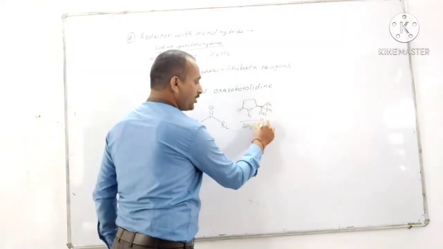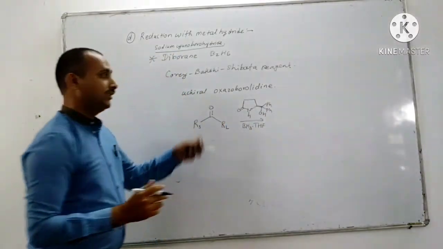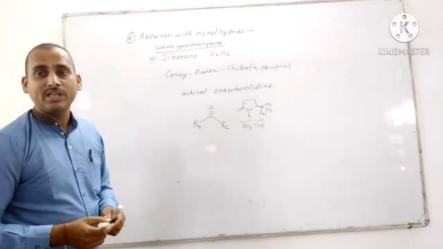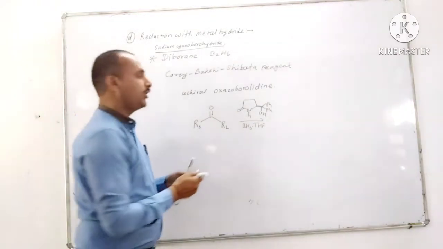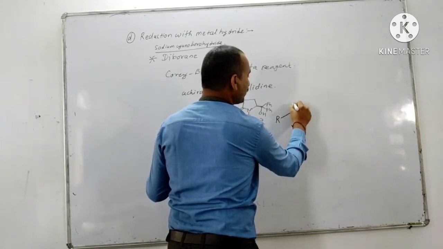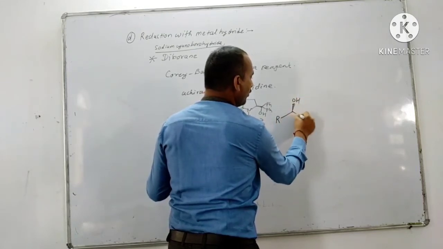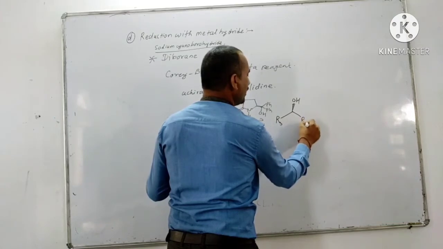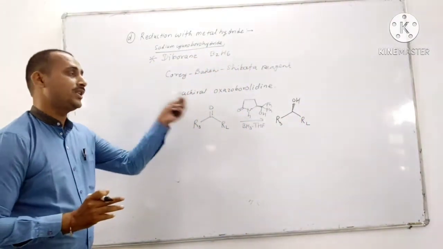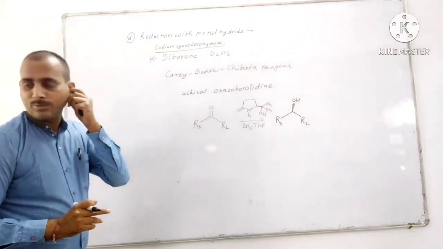There is formation of CBS reagent, that is alkyl oxazaborolidine CBS reagent, and this selectively reduces this carbonyl group to alcohol. So this isomer is formed in a large excess. So there are two isomers, and this one is the major product.